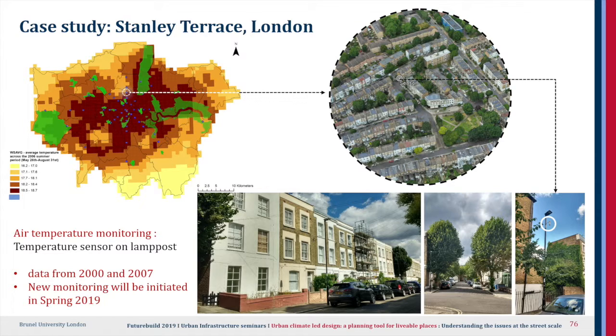We are using some case studies in London, and one of these is, for example, the area of Stanley Terrace in the borough of Islington in London, for which we had already collected in previous projects some background climate data that we use to calibrate microclimate models. We are also going to carry out a new monitoring of the air temperature in the area that will also be useful to compare how the climate has changed.